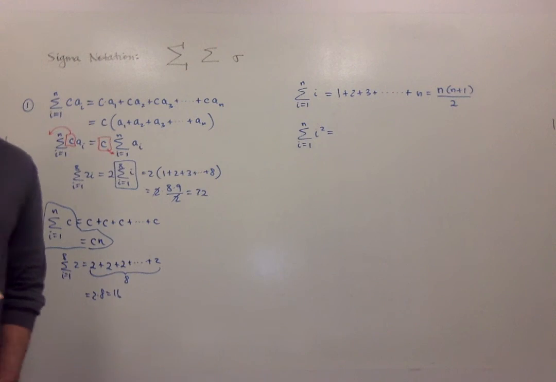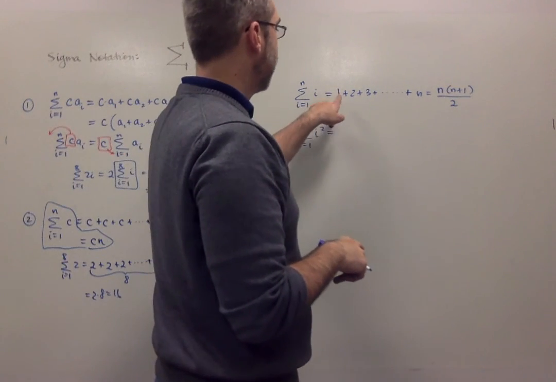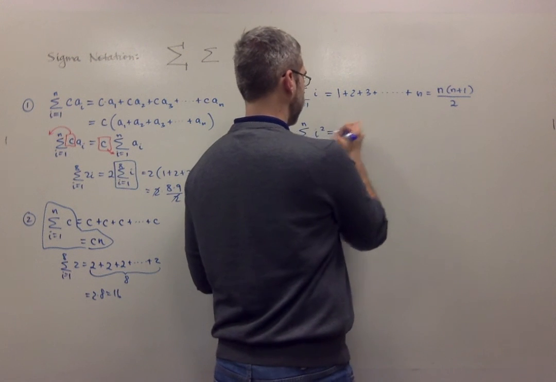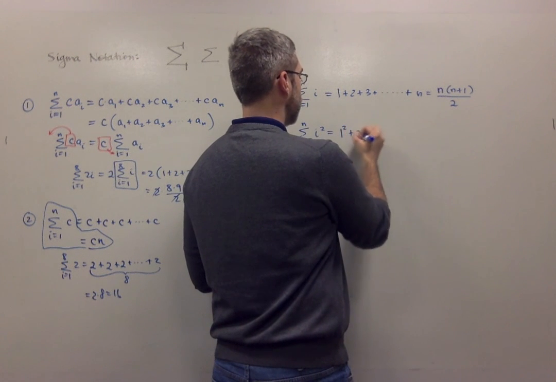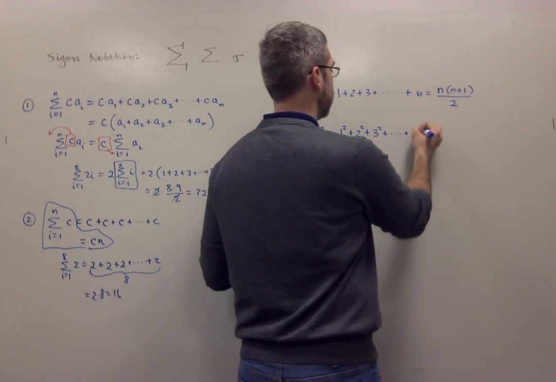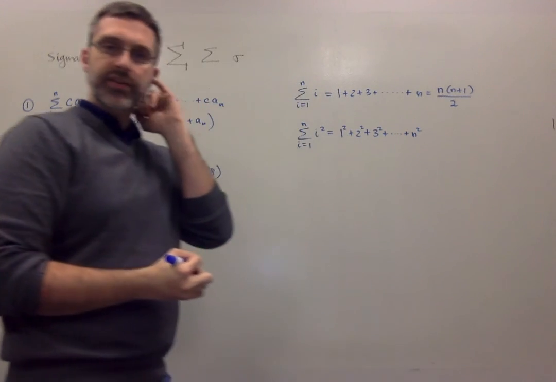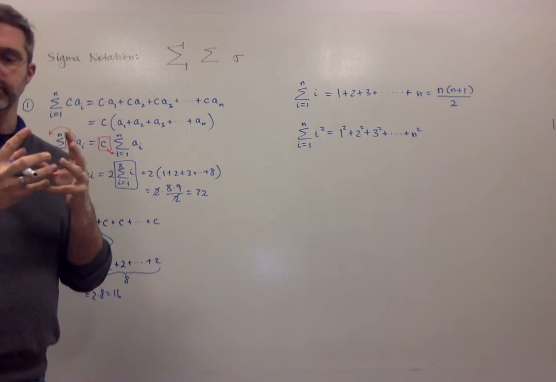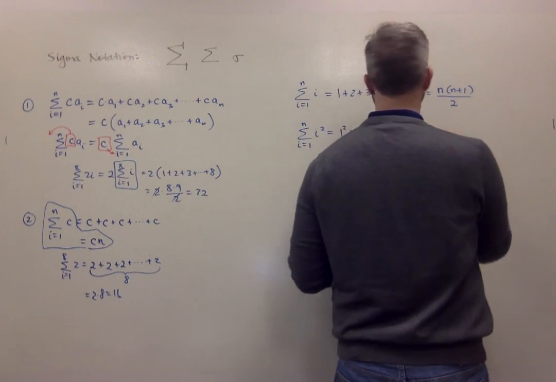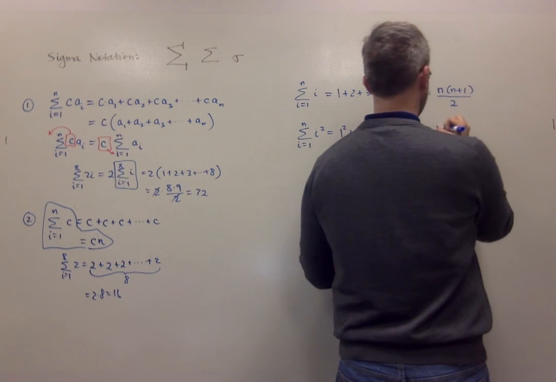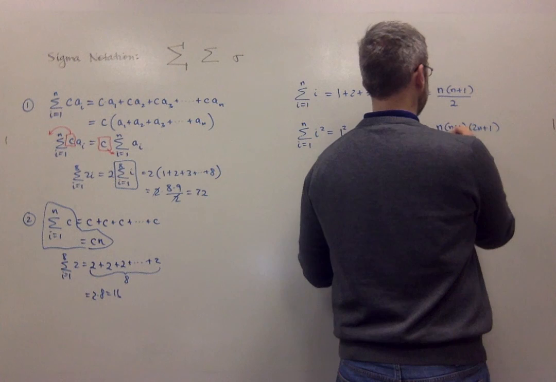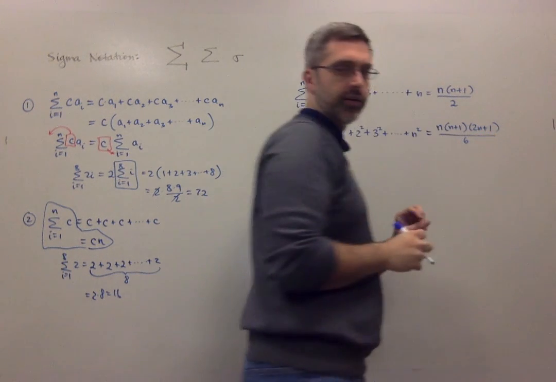But the fourth formula says if instead of adding the numbers 1, 2, 3, all the way up to some number, you're adding the squares, in other words, 1 squared plus 2 squared plus 3 squared, all the way up to some number squared, there's a closed formula for what that adds up to. It adds up to n times n plus 1 times 2n plus 1 all over 6.